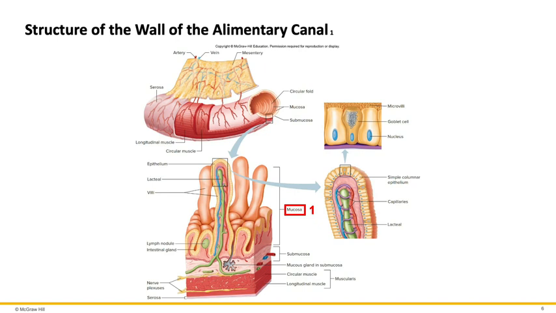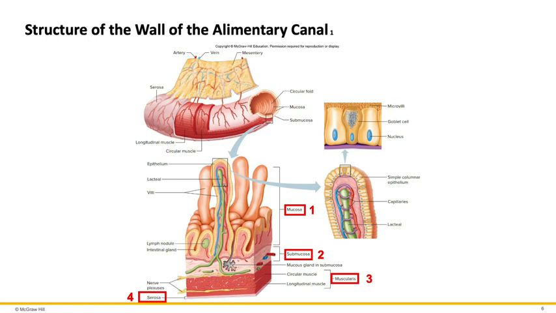The wall of the alimentary canal is made of 4 layers, from inside to outside, and these include mucosa, submucosa, muscularis, and serosa. Mucosa is composed of epithelium, and this epithelium in certain parts of the digestive tract extends into the lumen, creating specific structures such as villi, and the purpose of villi is to increase surface area.